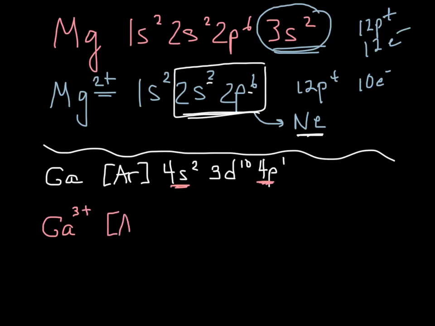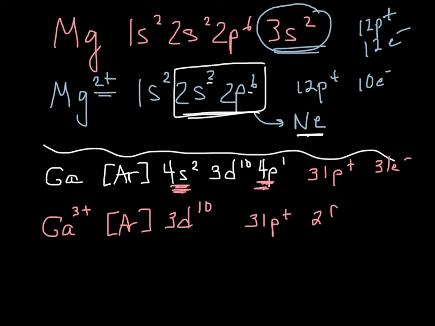So it can be like argon 3d10. It's going to lose its valence electrons, and it forms gallium ion. Again, this had 31 protons and 31 electrons, still has 31 protons, but now it has 28 electrons. 3 more protons than electrons, so a 3+ charge.